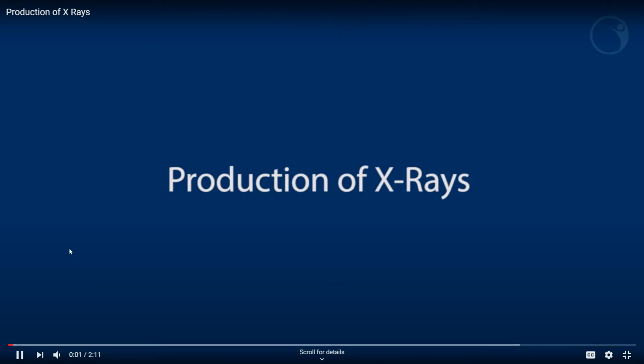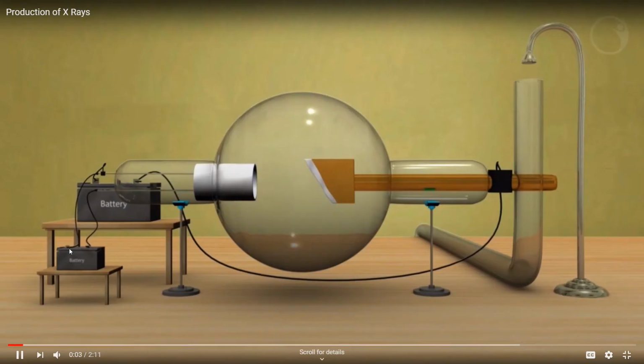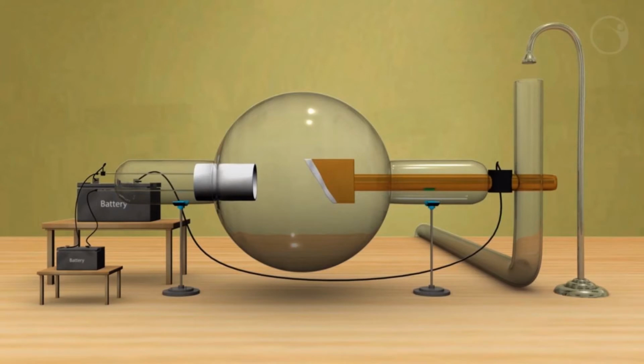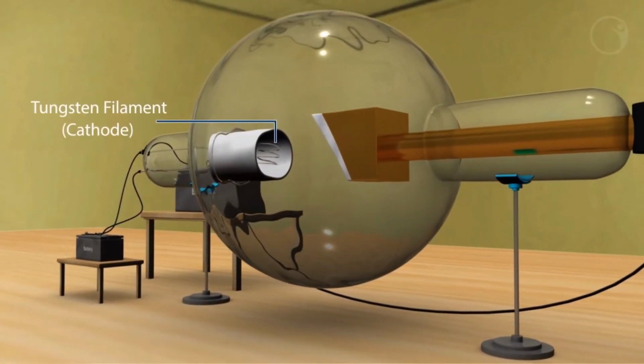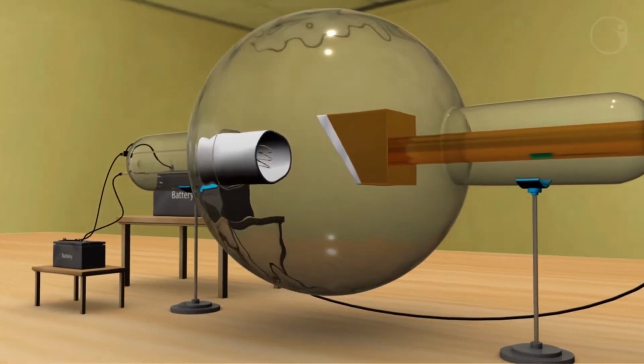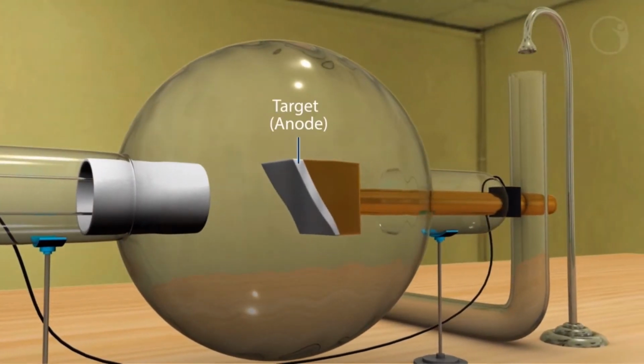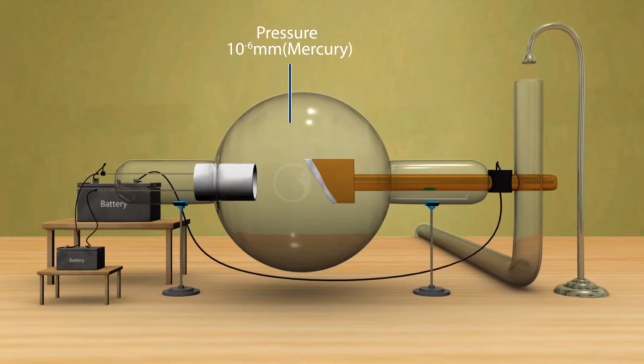Production of X-rays. The lab setup shown here was designed by Coolidge, and hence it is called Coolidge Tube. It contains a highly evacuated glass bulb containing a cathode, which is a tungsten filament, and anode, which is a target made up of metal of high atomic weight. The pressure inside the bulb is maintained at 10 to the power of -6 millimeters mercury.